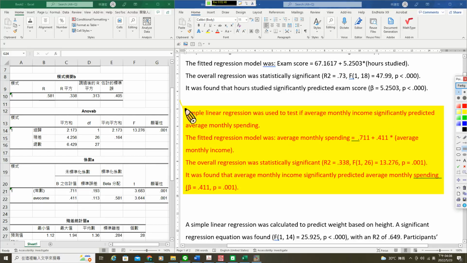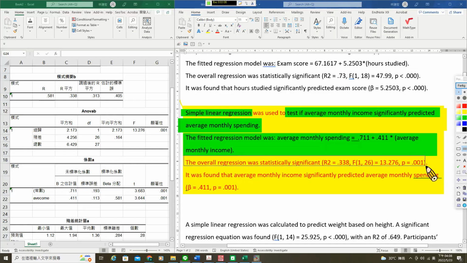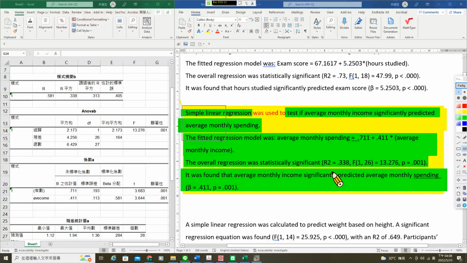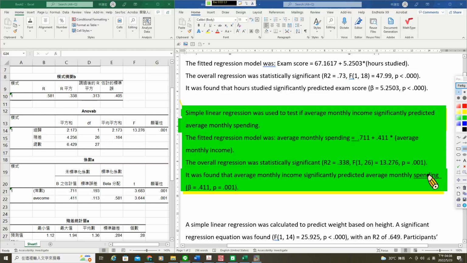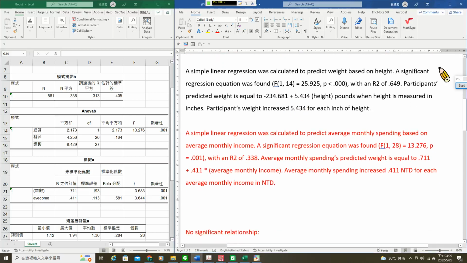This one reports the purpose of your test, this is the test procedure, and this is my target report. And this is the identified formula. And is that significant or not? Yes, it is significant. And so here comes my conclusion. So this is very mechanical. Can we use a more human style of writing? Yes, indeed, there's another way to write it out.